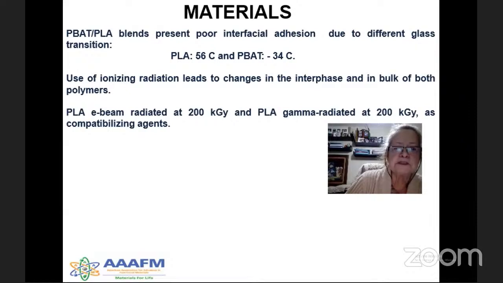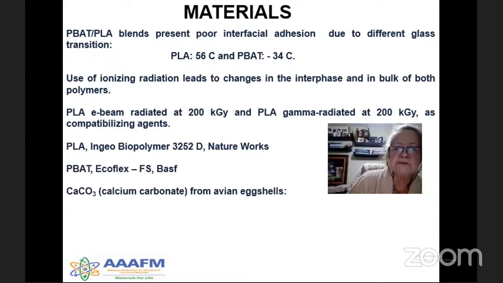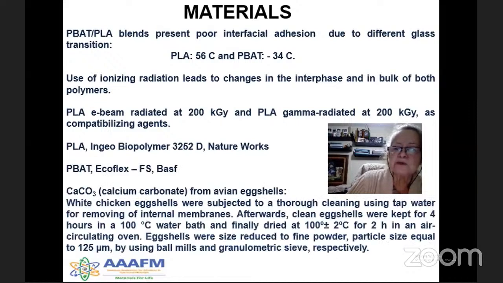As compatibilizers, we used PLA E-beam irradiated at 200 kilograys and PLA gamma irradiated at 200 kilograys. We used PLA, PBAT, and calcium carbonate from avian eggshells, prepared from white chicken eggshells to have it fine, reduced to 125 microns.